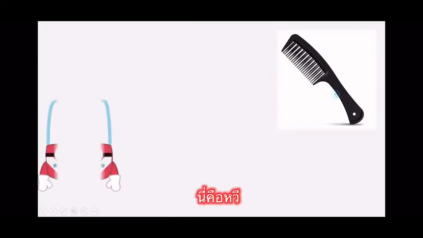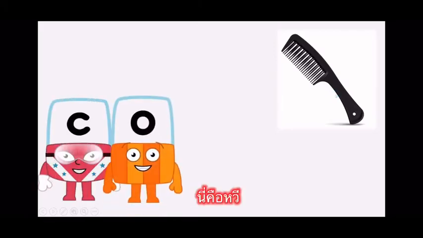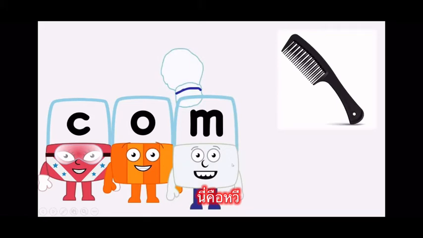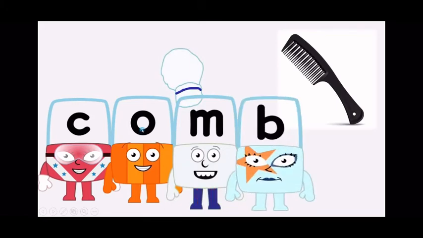Alright, next, another example. What is it? This is comb. The O here sounds long, it's O. K-O-M-B. Comb. The sound of O here is a long O sound.